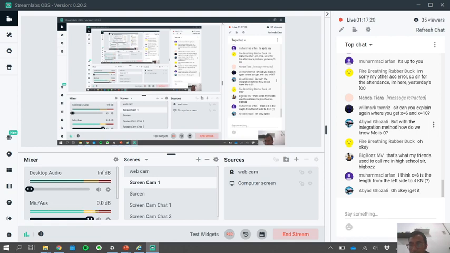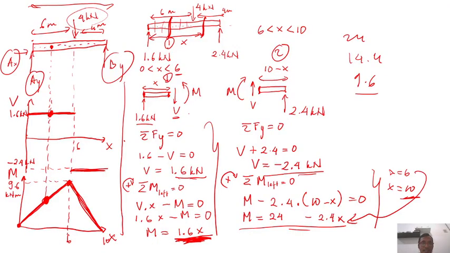Muhammad Arfan, I think x equal to 6 is the length from the left side to 4 kilonewton. Yes, it's correct. Just now I explained again, right? Because there is a 4 kilonewton at x equal to 6, the equation will not be continuous. We will not be able to create a continuous equation from the left edge to the right edge.